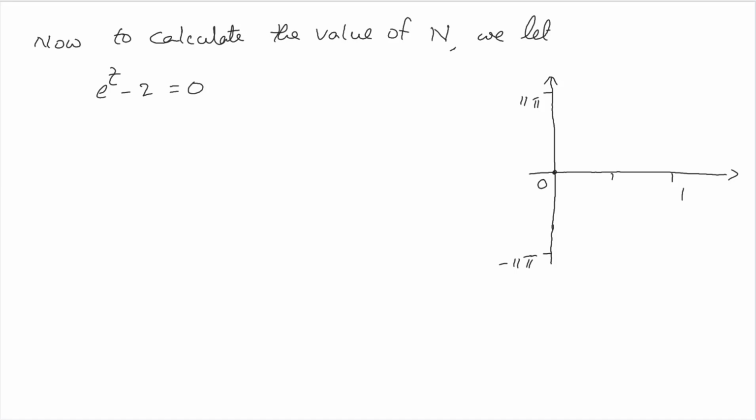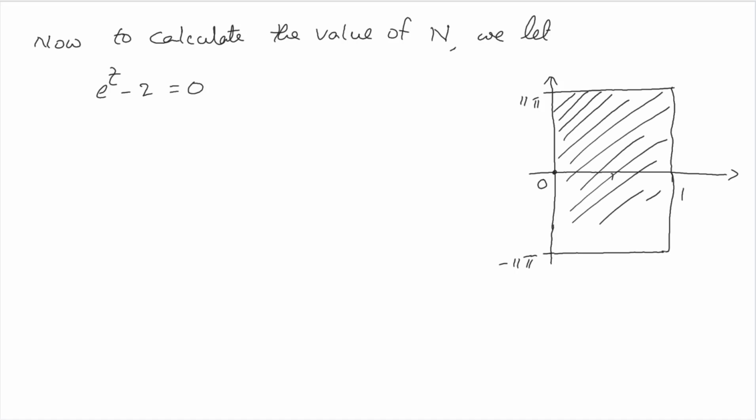Now the curve gamma is given by, so the region R is this shaded region. This is the region R.